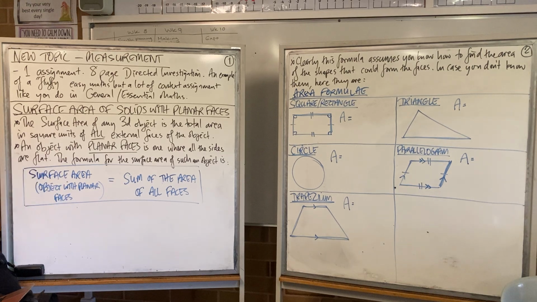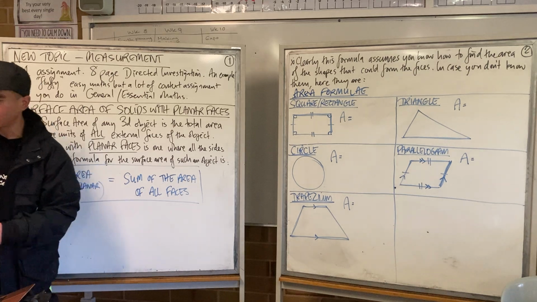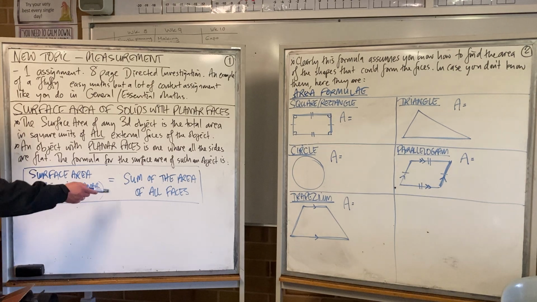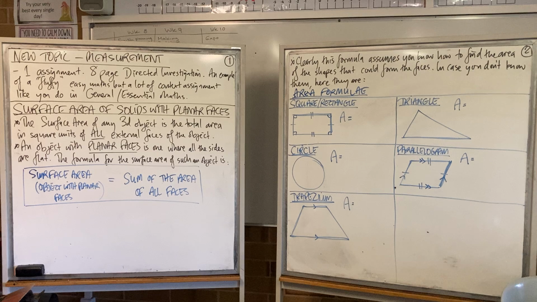The formula for the surface area of such an object is this: the surface area of any object with planar faces is the sum of the area of all the faces. Sum means what? Add, good. So get that formula down. And then I'll go to the assumptions on the next board. So that's your formula. Nothing special there. It just tells you to add, yeah?